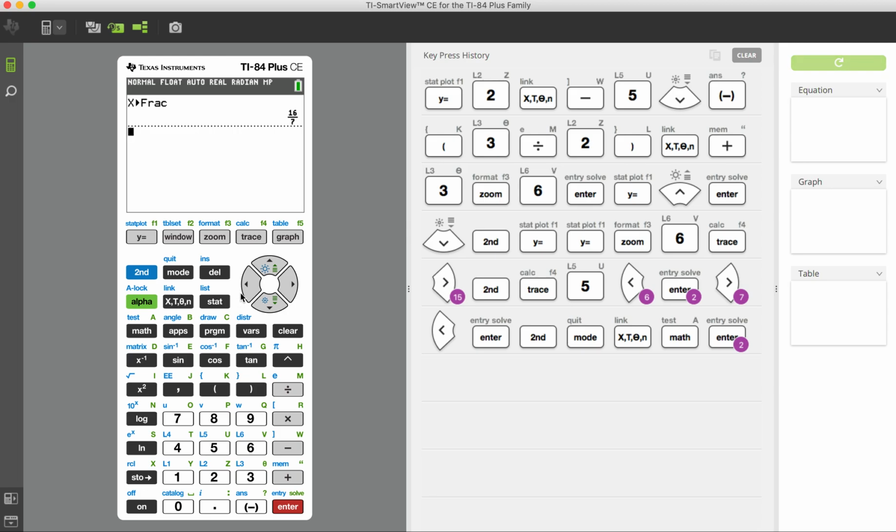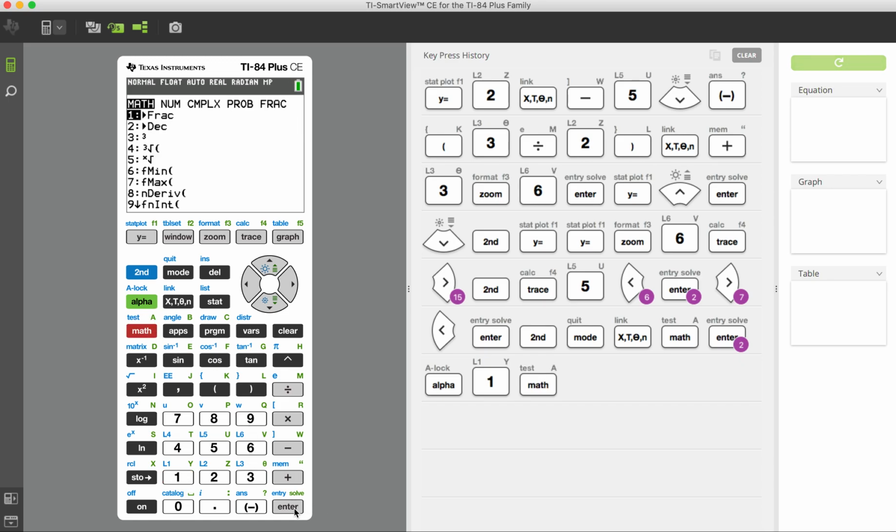And we can find y as a fraction as well by, instead of using this same button to get x, I have to find the y as one of these green letters. And when we go down through and find y, we see that it's green above the number 1 button. So we're going to have to do alpha number 1, and I get y, and go back to that math page and press enter on the fraction.